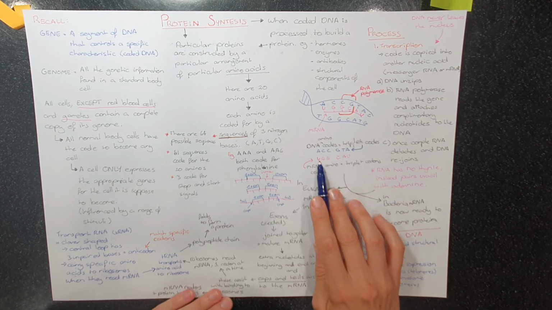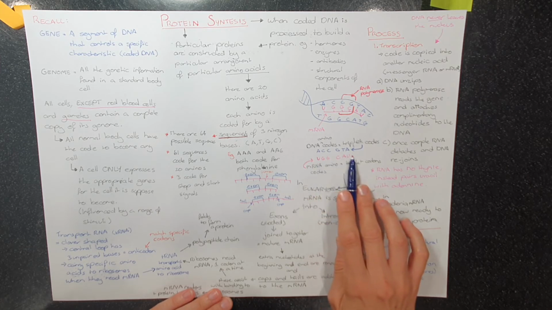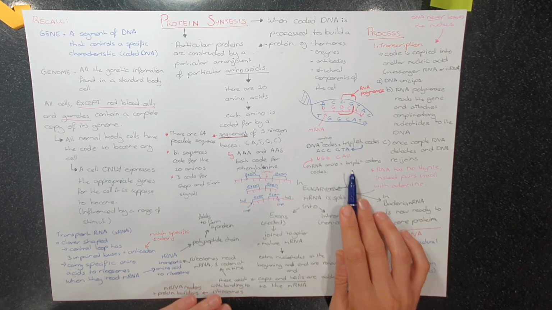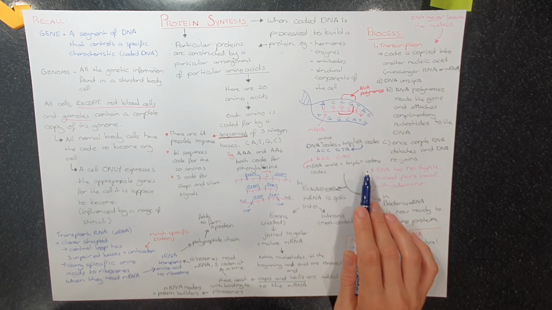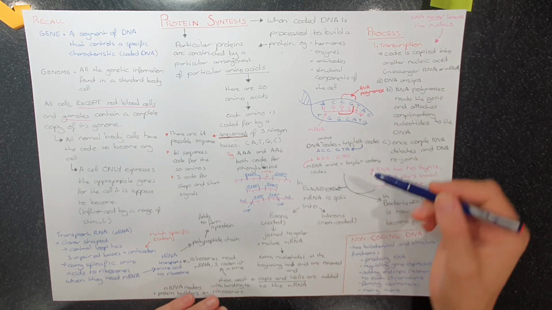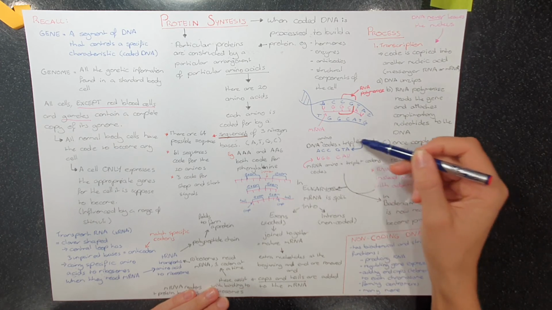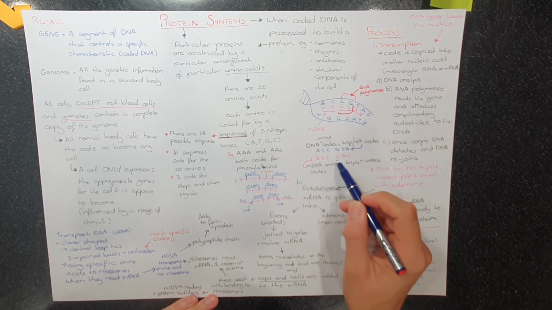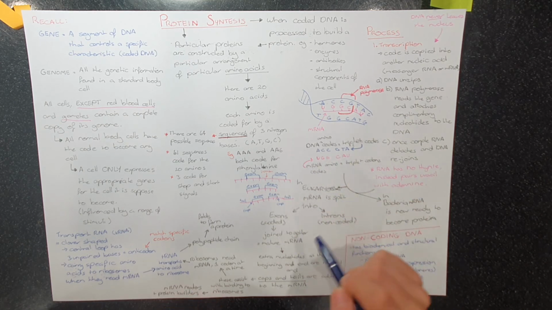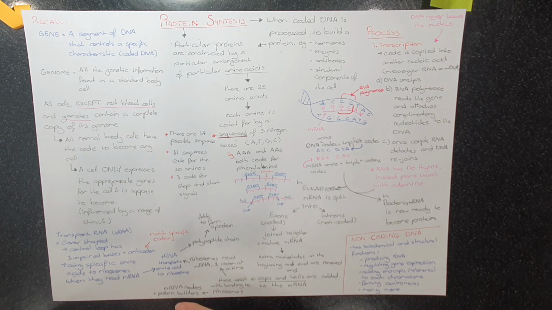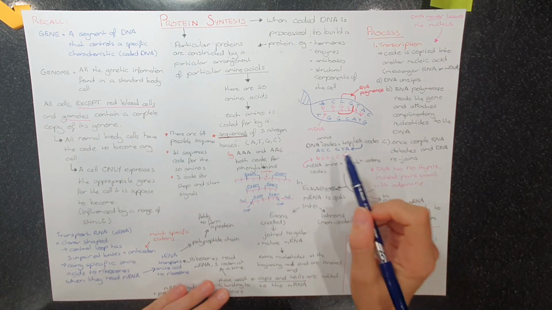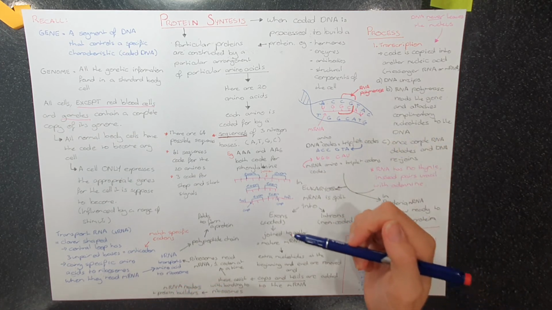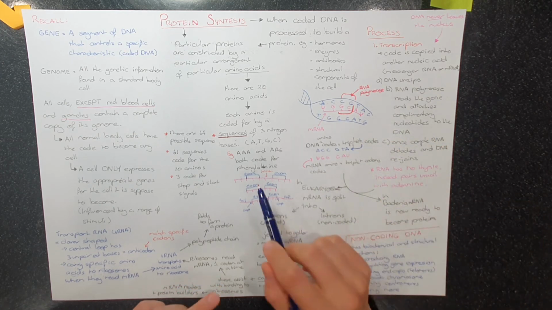The complementary mRNA strand that is created, also in groups of 3, are called triplet codons. These triplet codons are just the complementary pairs of the triplet codes, and each group of 3 nucleotides references a particular amino acid, which we spoke about over here.